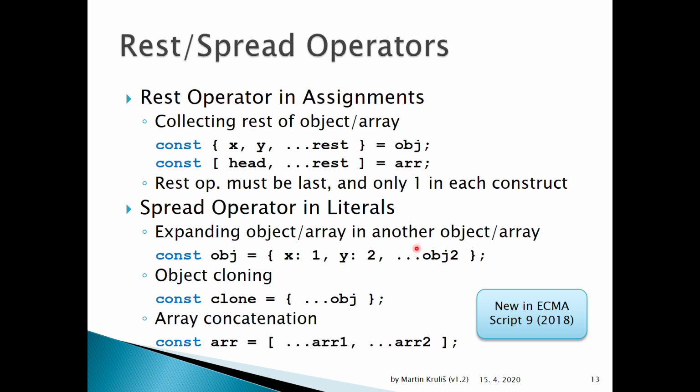In fact, if object 2 has x or y properties, they will override these two properties because this spread operator is here as the last operator. So this could override these two properties because it's defined later after these two. However, we can place this construct at the beginning, and then we can override properties of this object by defining other properties of our own.